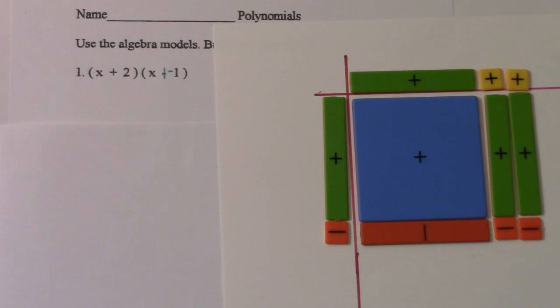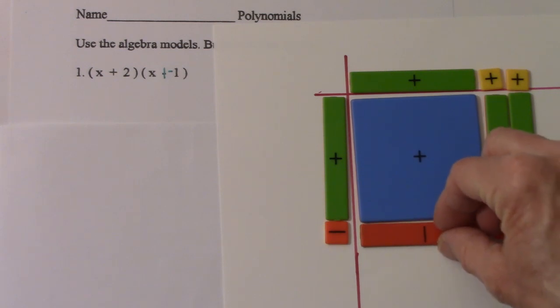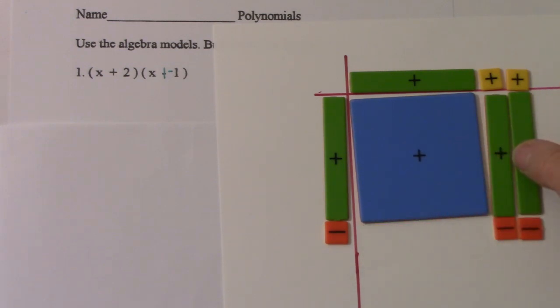So now I see there's my answer, but I have two different colors here. So that allows me to create a zero pair, which is this one, a positive and a negative x. That gives me a zero pair, so I'll just move those aside.